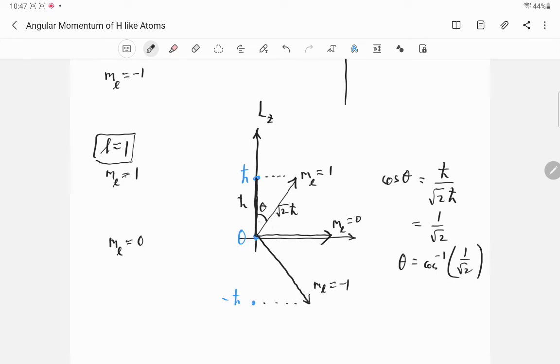You can also get, in this case, square root of 2 h bar is the length, but m_l equals 0, so there is no z component, right? That polar angle is 90, right? So this is the polar angle for m_l equals 0. It's 90 degrees. Oops, I should put a degree symbol up there.